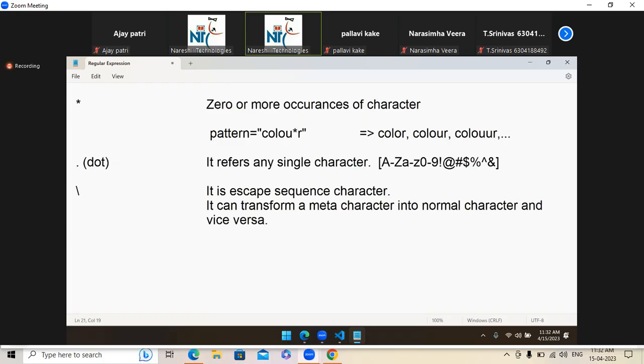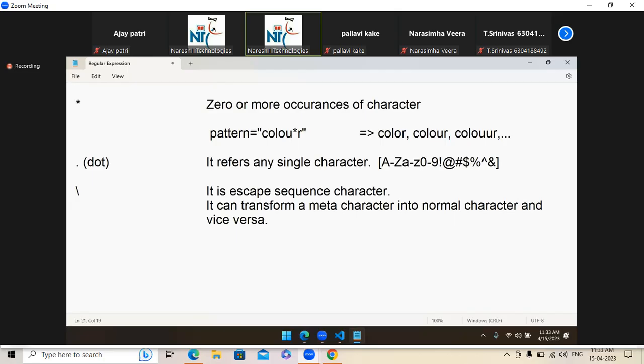It will convert a normal character into a meta character, and it will convert a meta character into a normal character. That means if a meta character is there, it will convert it into normal. If a normal character is there, it will convert it into meta. That is the ability of slash.